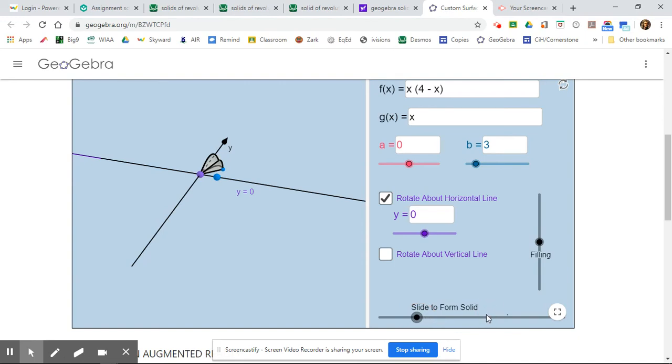It was working really well earlier. Why it doesn't. There we go. Okay, so you can kind of see if it got all the way around there. Now it's jumping all over the place on me.